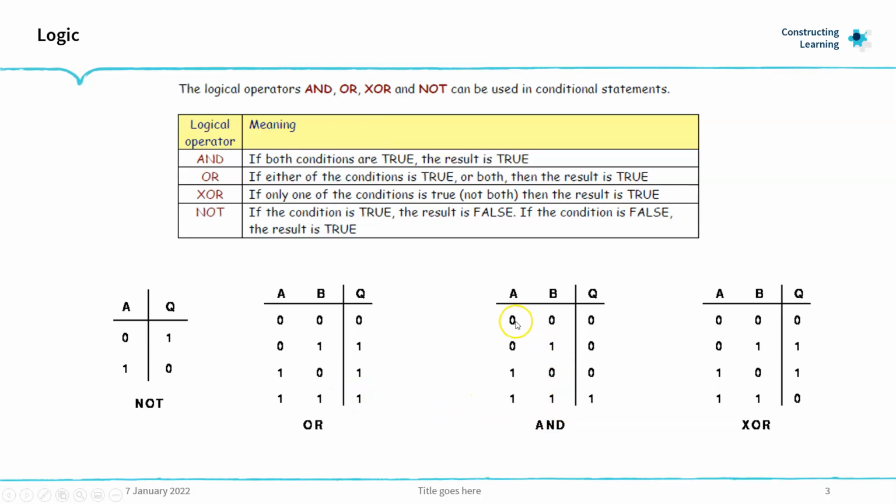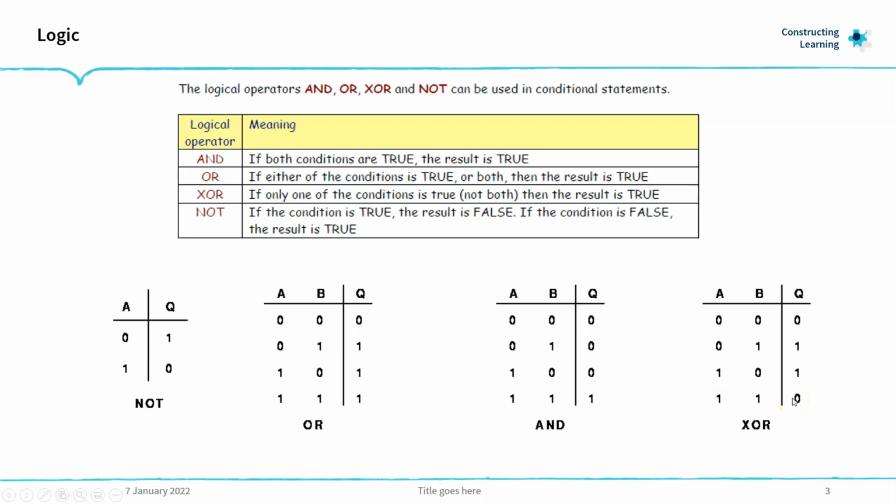And basically here, with the XOR, if both of them are false, then the output is false. If one of them is true, then the output is true. But if both of them are true, then the output is false.